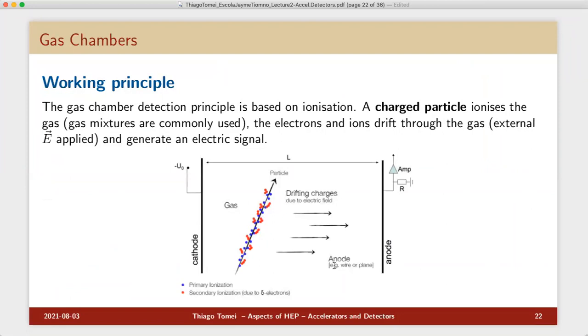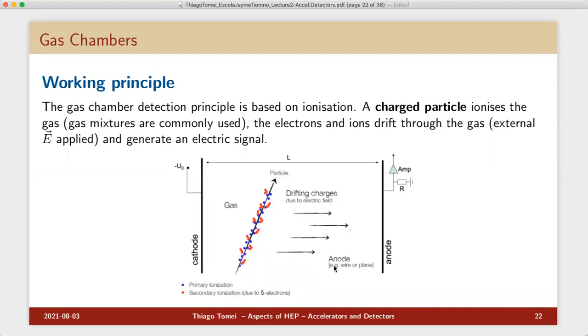I have to go a bit faster, but if you want more details about the physics and the usage of scintillators, and there are examples of these at your local university, I'm pretty sure, you can either contact me offline or search for the reference that I gave you.